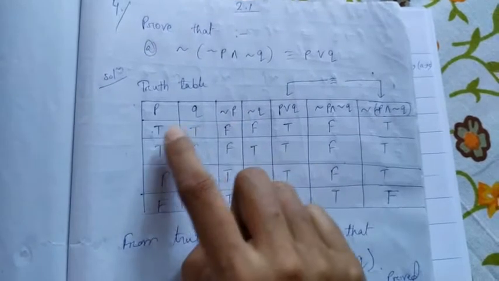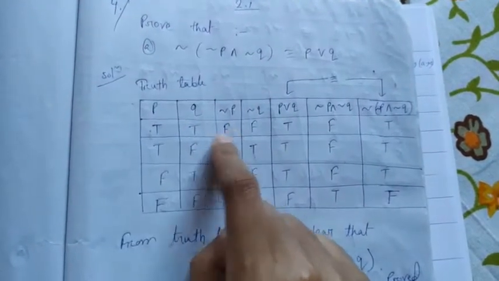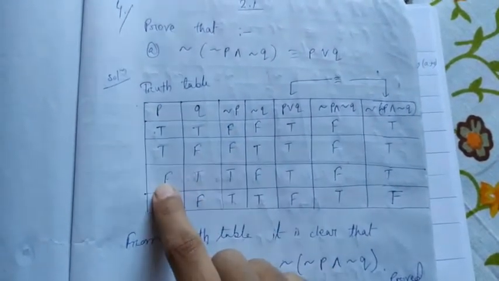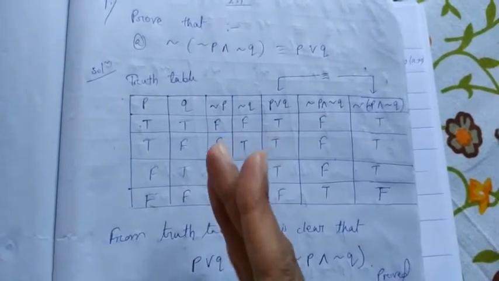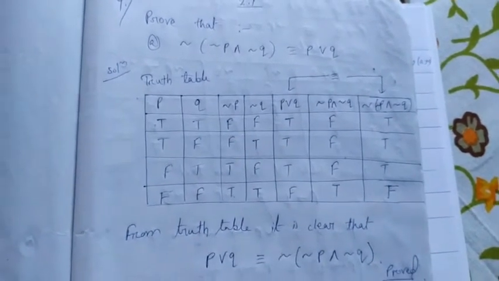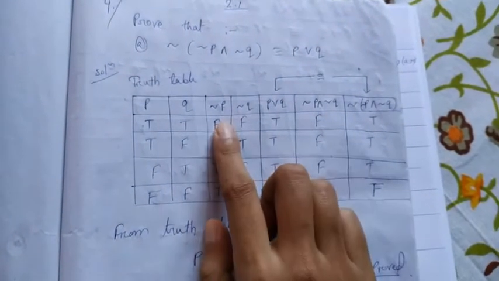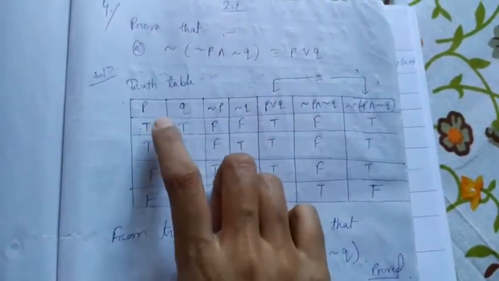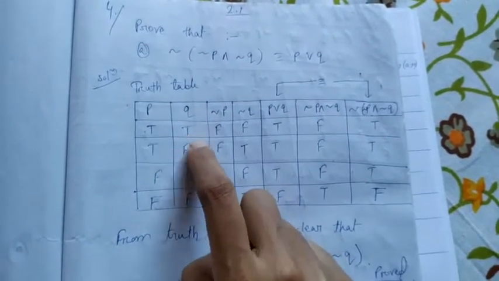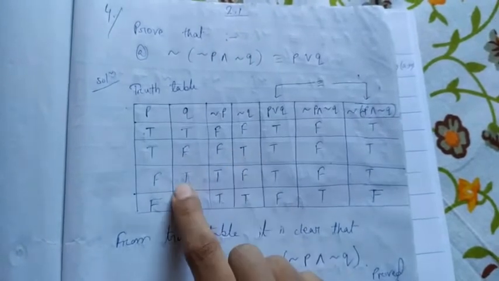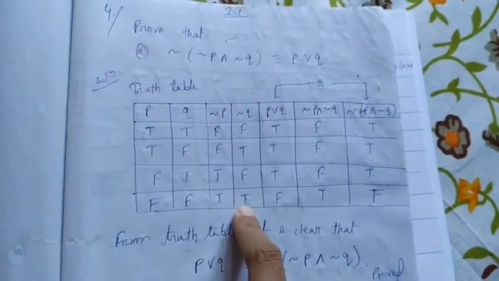Now not P: if P is true then it is false, if it is false then it is true. Negation means not P is just the opposite of P. Now not Q: if it is true it is false, and if it is false it is true, like this.